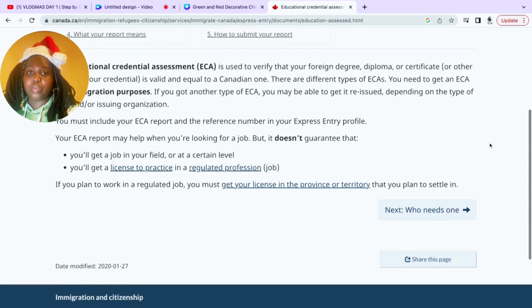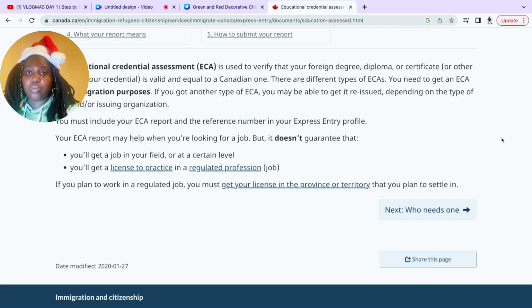When you're submitting your Express Entry profile, you need two things. One, you need the IELTS. Two, you need the ECA. Those are the two things you actually need to create your profile.